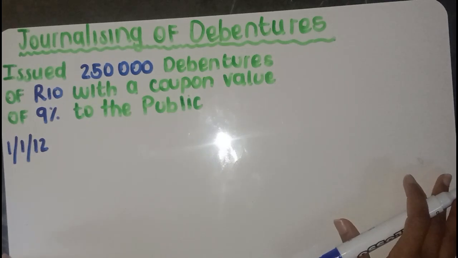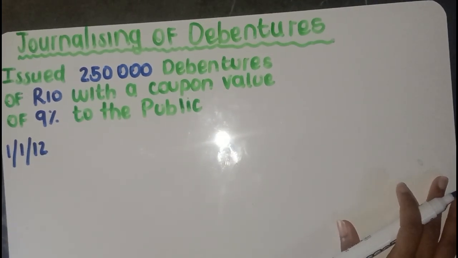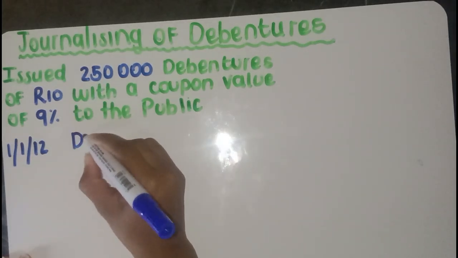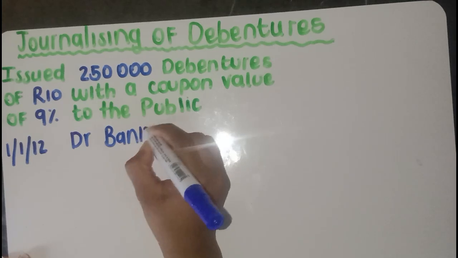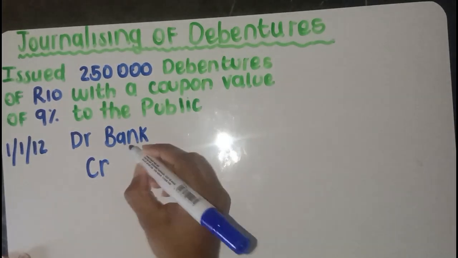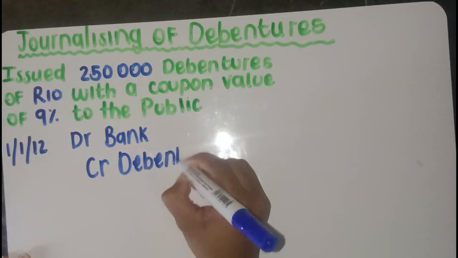So obviously, because money is going to come in when you issue the debentures, you're going to debit your bank when you receive the money for the debentures, and you're going to credit your debentures, which is a current liability.